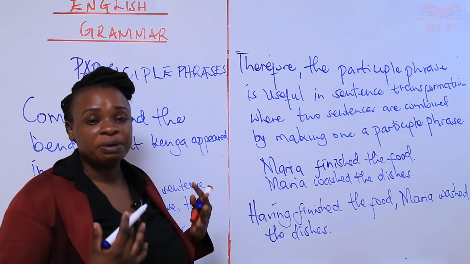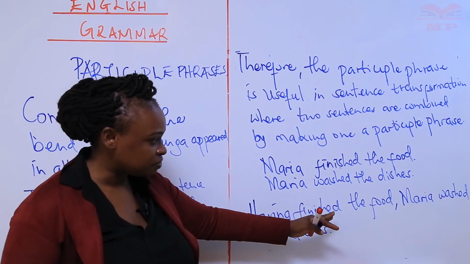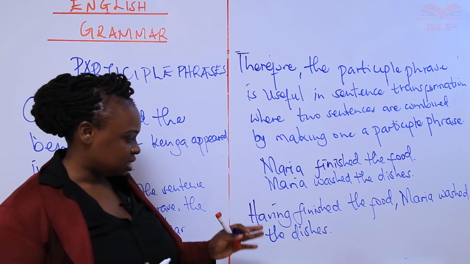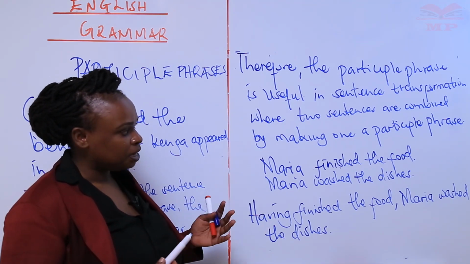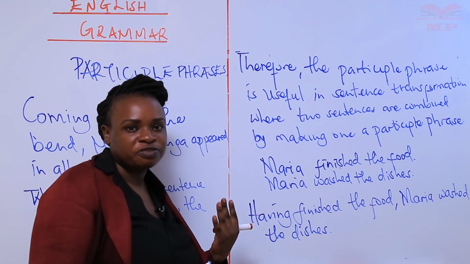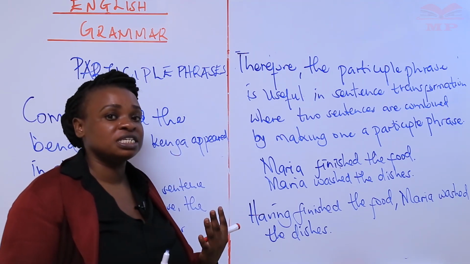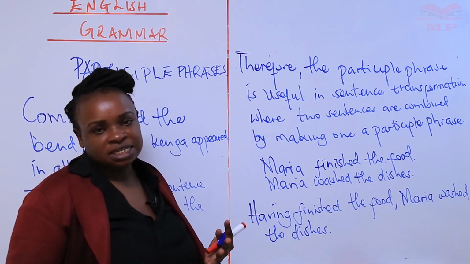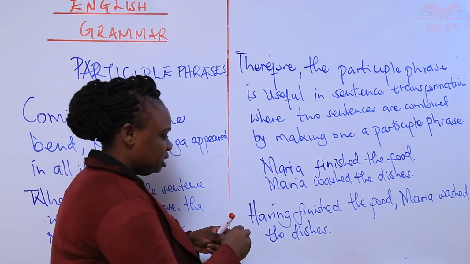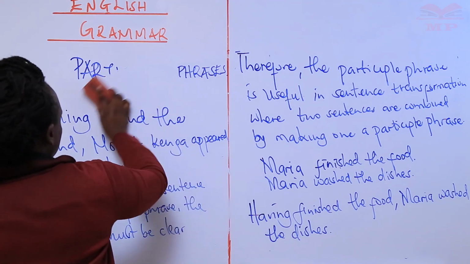The idea of a participle phrase. So having finished the food, Maria washed the dishes. So I want to give you a small assignment so that it can help you practice on the idea of the dangling participle phrase and the idea of the past and present participle phrase for exercise and maybe to master the skill well. All right. So let me give you one exercise here, two exercises.